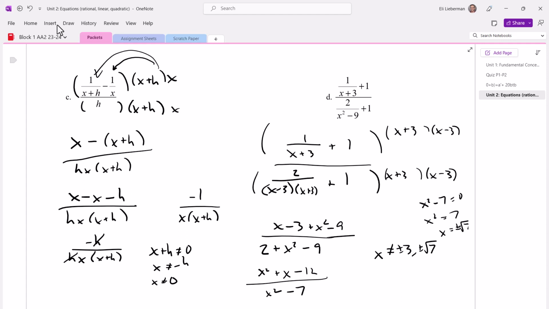Is there anything else? H is a variable. H can't equal 0 or negative x. Yeah, h can't equal negative x. Oh my goodness, so many exclusions there. So what can it equal? What can it equal? Anything else.